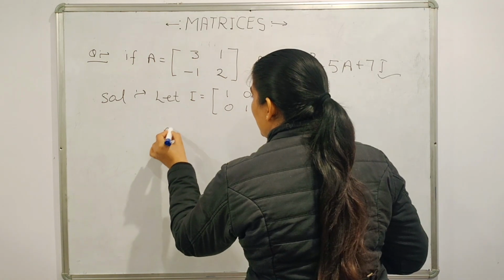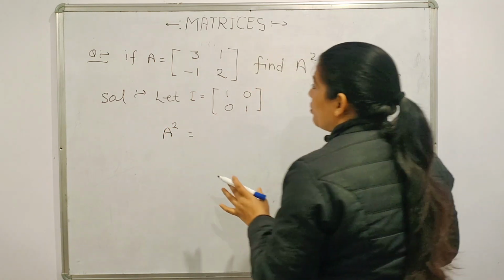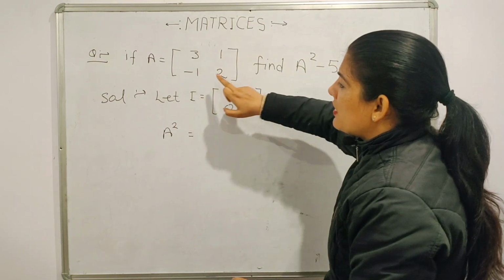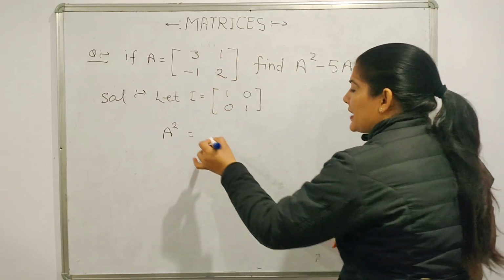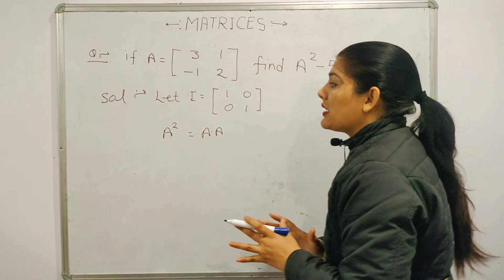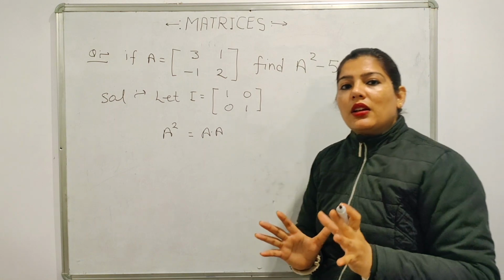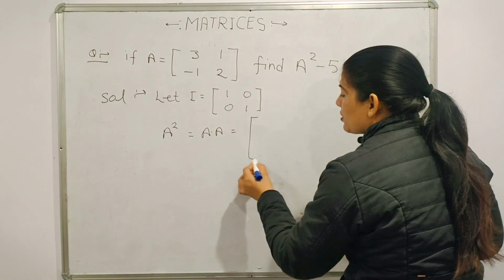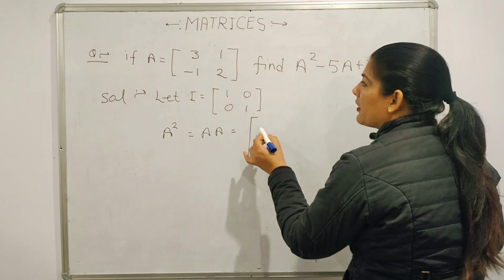Now we have to find A square. So A square is not equal to this square, this square, this square, and this square. No, A square is equal to A into A, because the multiplication of matrices is different from the multiplication of numbers. So don't write the square of the elements here.